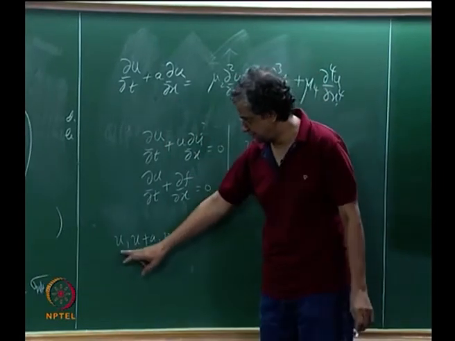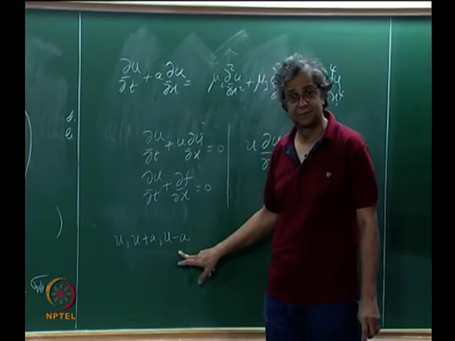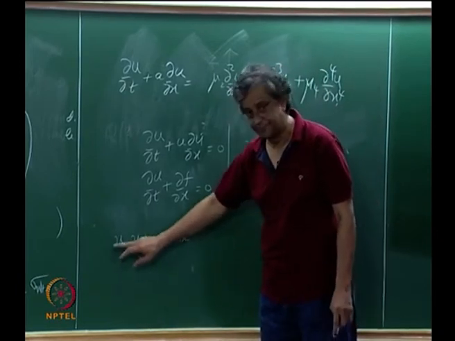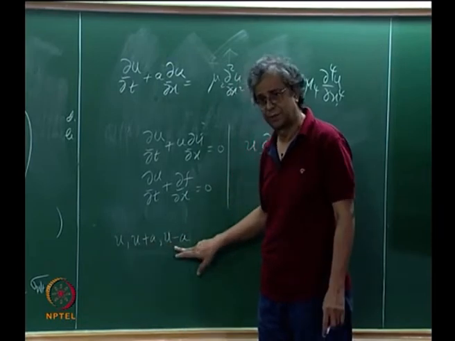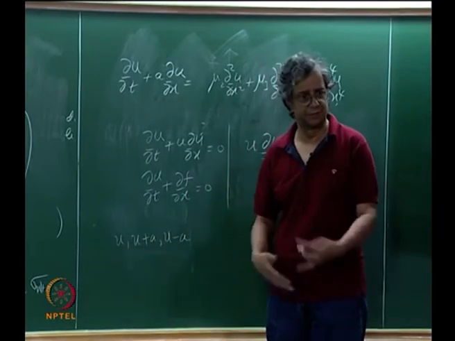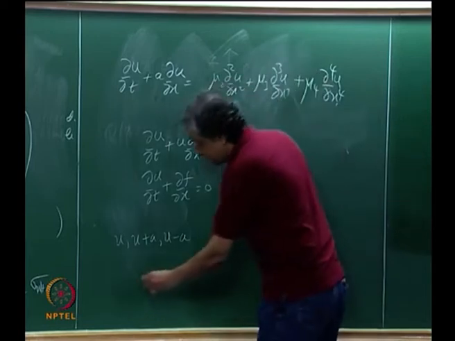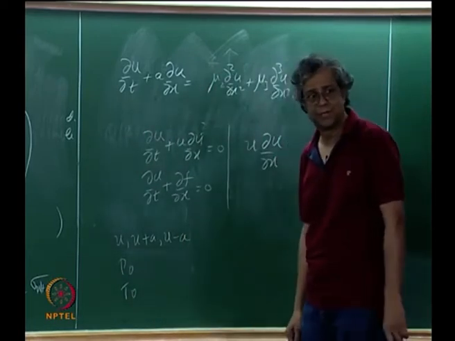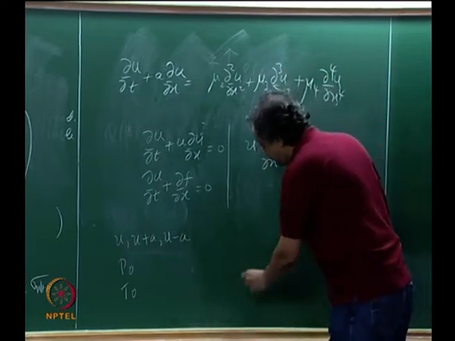At a subsonic inlet these two are positive, that is negative. So at the inlet these two are propagating into the domain, this is propagating out of the domain, and we use that to determine boundary conditions. So typically at the inlet, for flow through a pipe, we applied P naught and T naught at the inlet and P ambient at the exit.